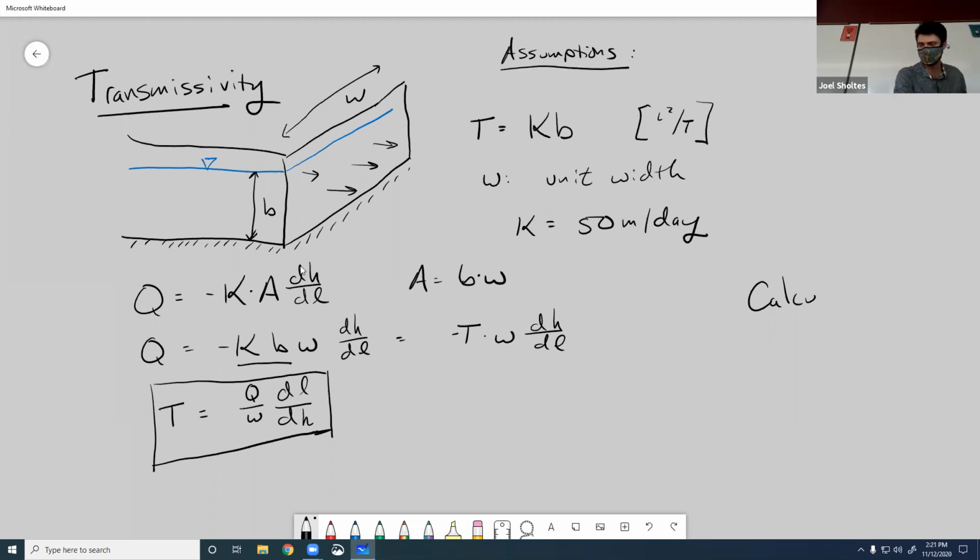Engineering problem solving, right? All right, so assumptions, this is steady state, meaning the discharge isn't changing over time. And then B is large, meaning it's not changing a lot over time or over space.